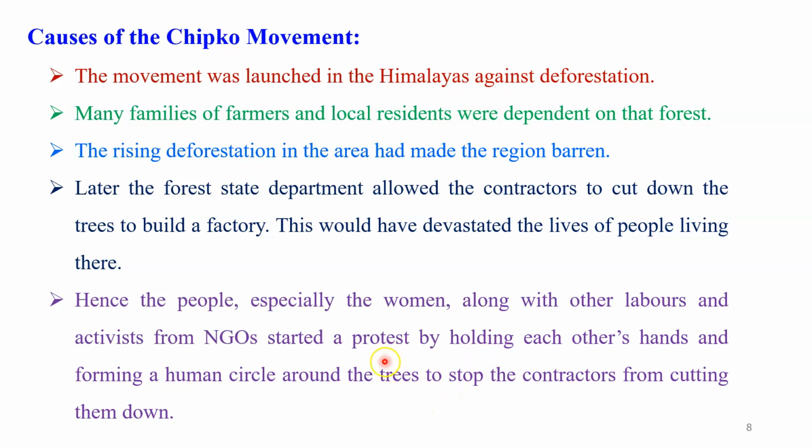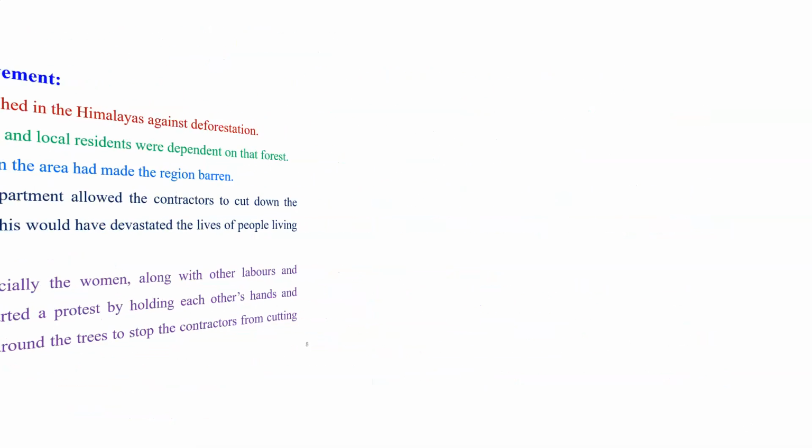They protested by holding each other's hands and forming a human circle around the trees to stop the contractor from cutting them down. So this is a very important feature of the Chipko movement, which started in 1973 in that area.